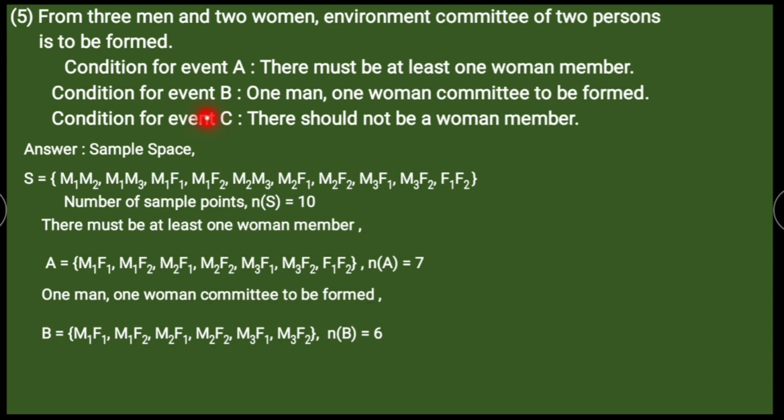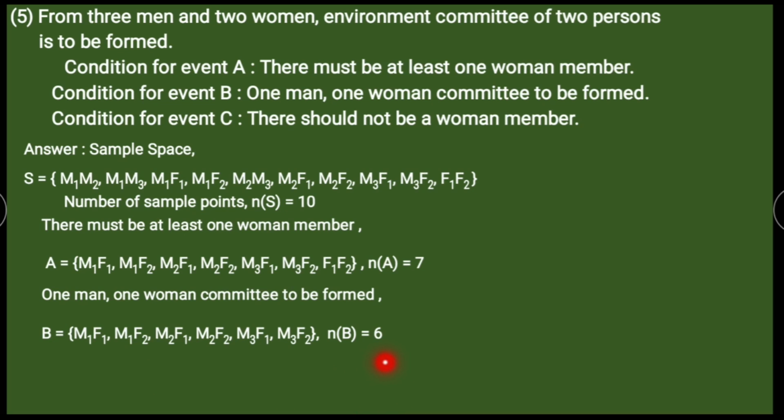Then condition for event B, a one man, one woman committee to be formed. So we have to select those committees in which one woman and one man are included. So M1 F1, M1 F2, M2 F1, M2 F2, M3 F1, M3 F2. So these 6 elements contain one man and one woman.